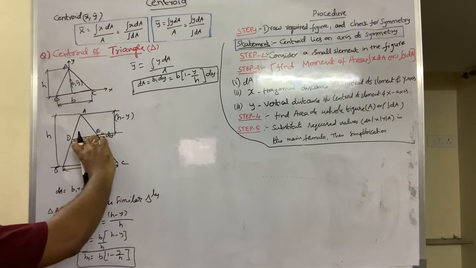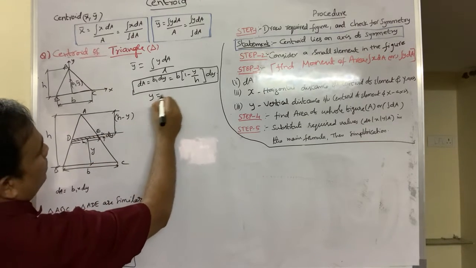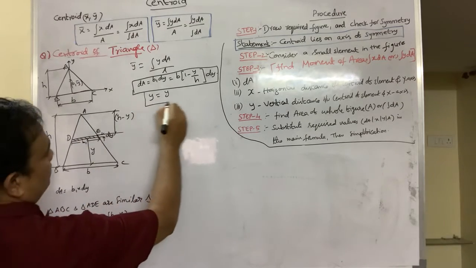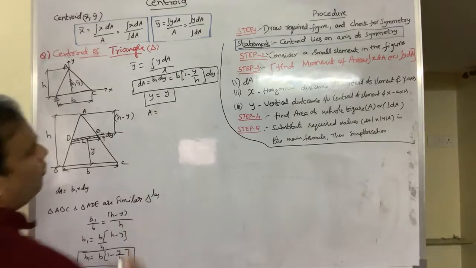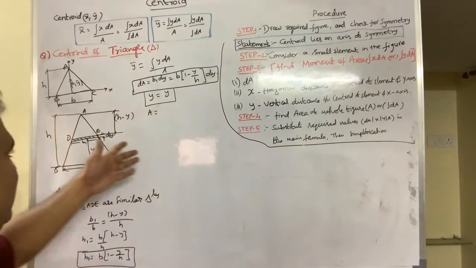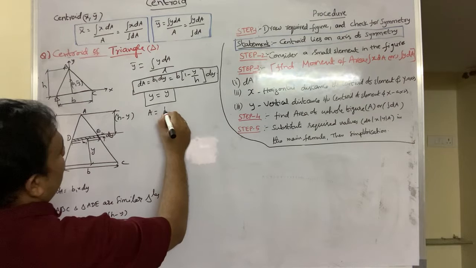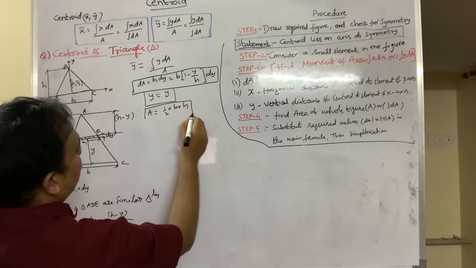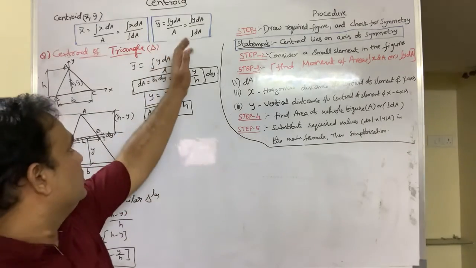The element is at a height of y from the base, so y is equal to y. And the remaining is capital A. What is capital A? A means the area of the whole figure, which is triangle ABC. The area of the triangle ABC is half into B into H. So these three are needed for the calculations to find y bar.